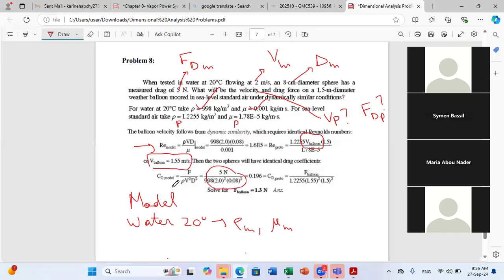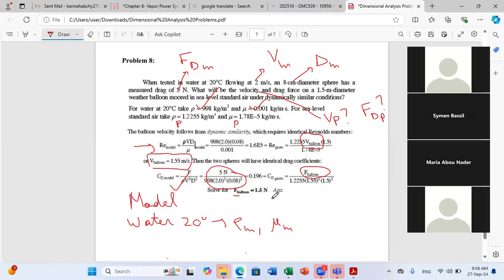So we can determine the drag coefficient for the model. Then in the drag coefficient of the prototype, the only unknown is the actual drag force acting on the balloon, so we can solve for the force acting on the weather balloon at sea level.